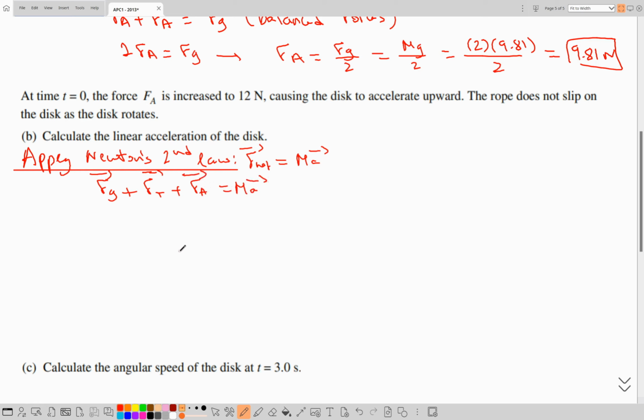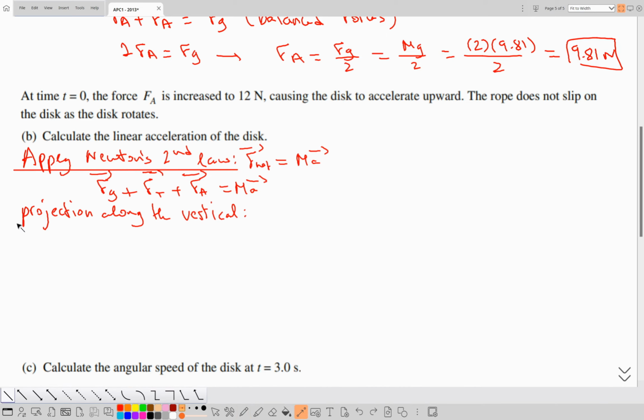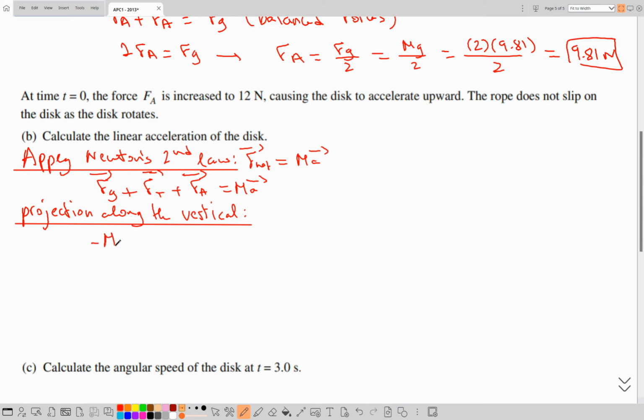Now we need to project this. Our positive direction would be up because it's accelerating up, so I will say projection along the vertical. The pull of gravity is down, so that would be minus mg plus the tension plus Fa is given by ma. Here we know Fa is 12 newtons.